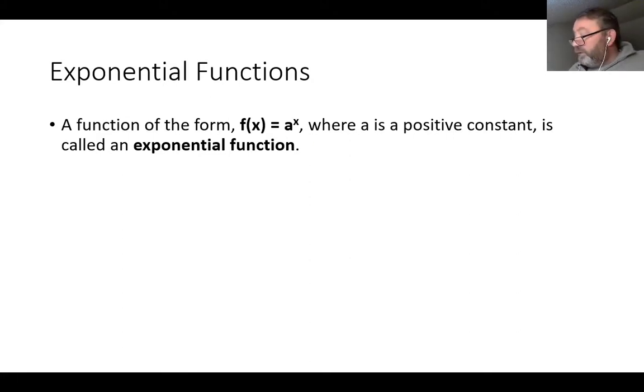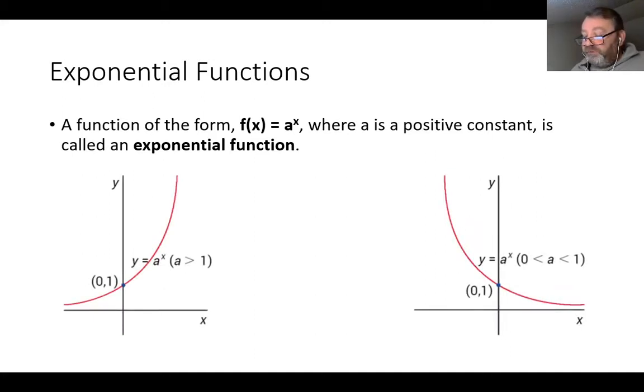And just to show you what we've already met in the previous chapter, if the base number is greater than 1, we're going to have rapid growth. So for example, 2 to the power of x, 3 to the power of x, even 1.5 to the power of x. If the base number is between 0 and 1 exclusively, that means you can't use 0 as a base number, and you certainly don't use 1 as a base number. I'll explain why in a moment.